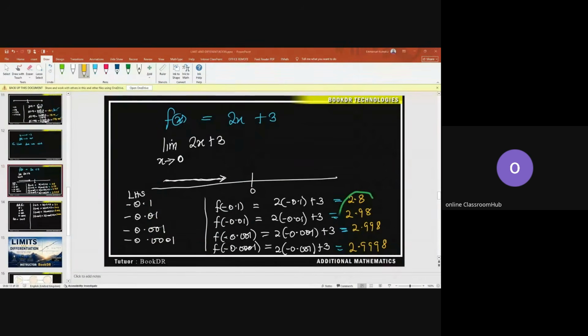What can you say about the output? It was 2.8, 2.98, 2.998, 2.99998. Can you say that these values are getting closer to a particular whole number? And if so, which whole number is that?